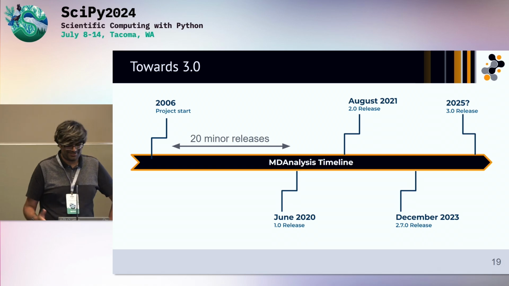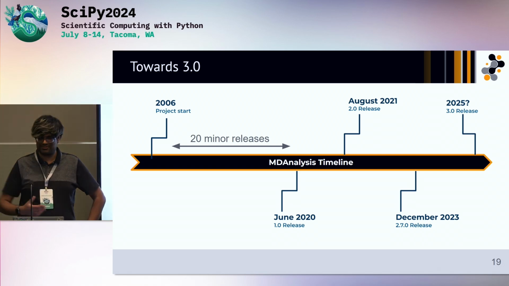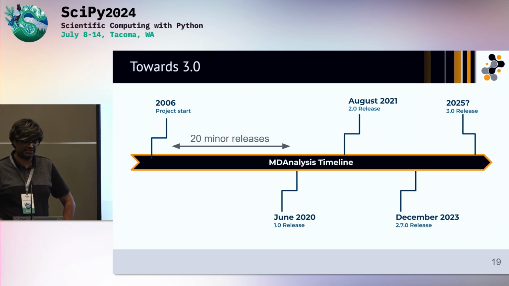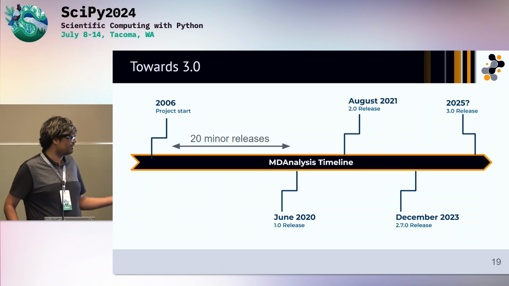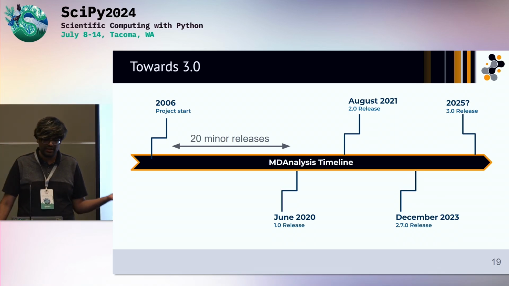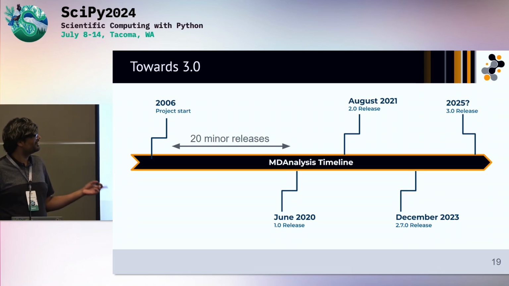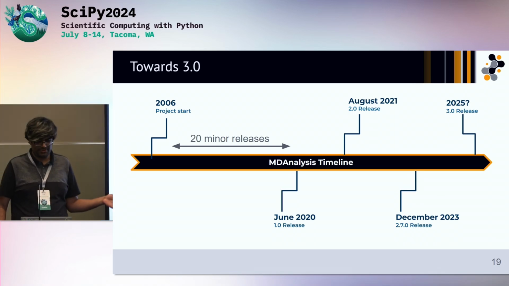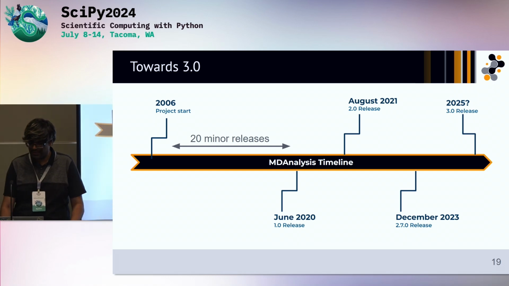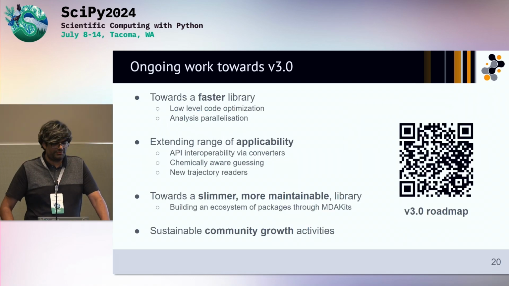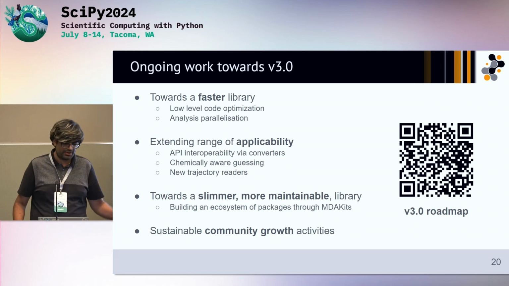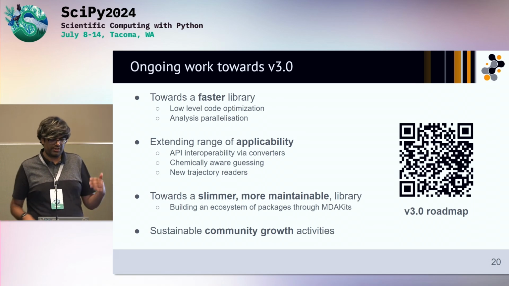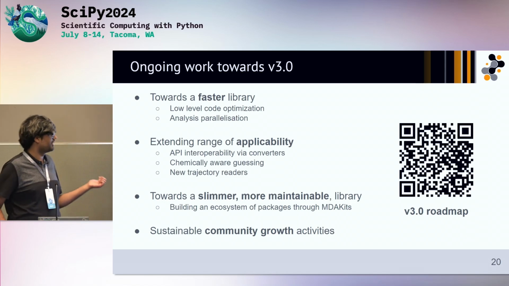For the rest of the talk, I'm going to talk about what we've been doing in the last couple of years as we move towards a 3.0 release. As I mentioned earlier, we started in 2006. We had a 1.0 release in 2020, 2.0 in 2021, and we're moving towards 3.0 in 2025. I'll point you to this QR code to look at our roadmap, but the main things we're looking at are the bullet points shown here.